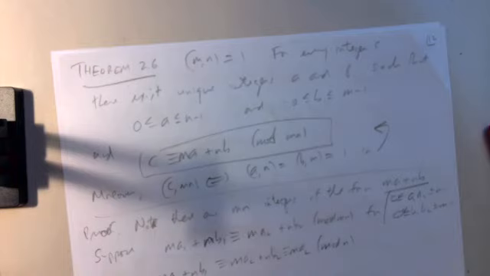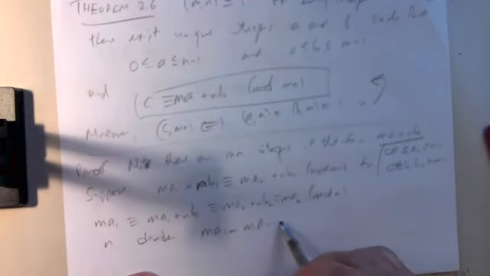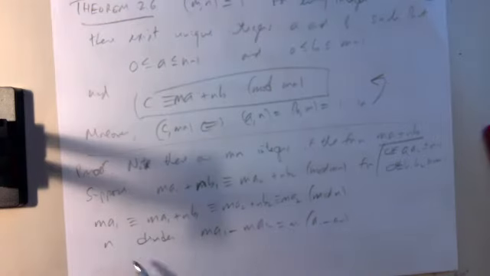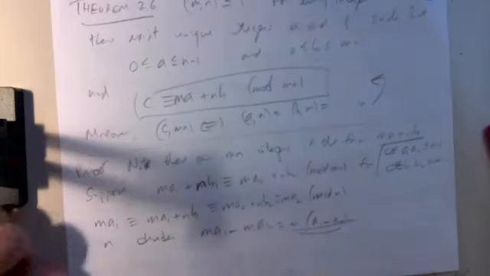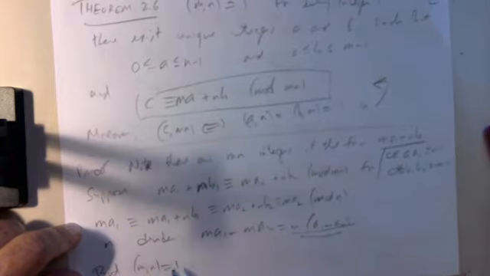So this means that n divides MA1 minus MA2, which is m times A1 minus A2. So n divides this product. But m and n are relatively prime.